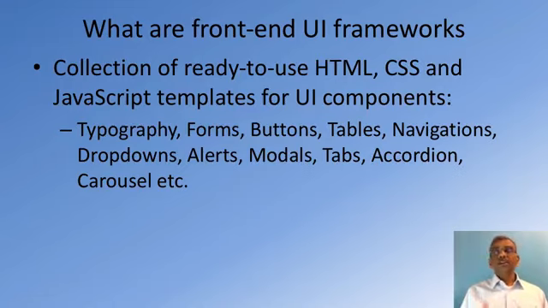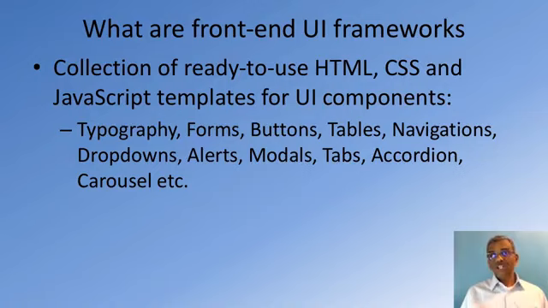So here, a front-end web UI framework may define a bunch of CSS classes that will enable us to include components like buttons, tables, navigation bars, drop-downs, alerts, modals, tabs, accordions, and many more, and quickly enable us to design and implement a website.